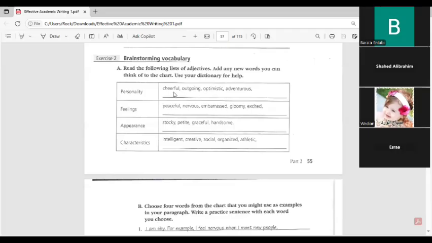Okay, what is the meaning of cheerful? Yes, it's simply happy, right? What is the meaning of outgoing? Yes, it means that you enjoy gathering with people, like a social person.